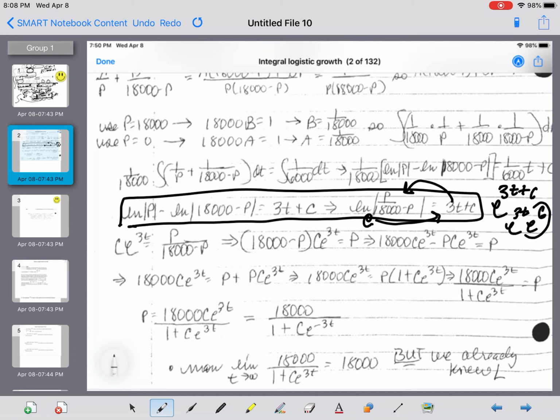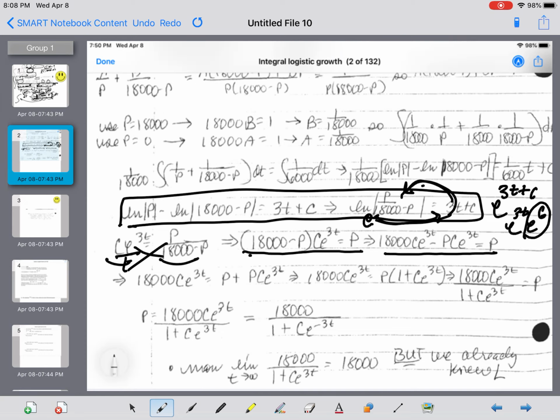Or you can just call e to the c just another constant of its own right here. So e to that power equals this. And then I cross multiplied and got this. And then I distributed.